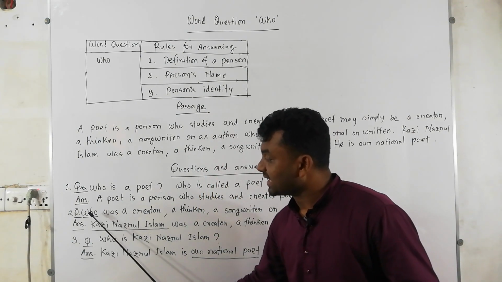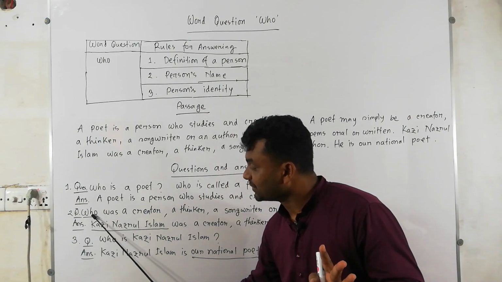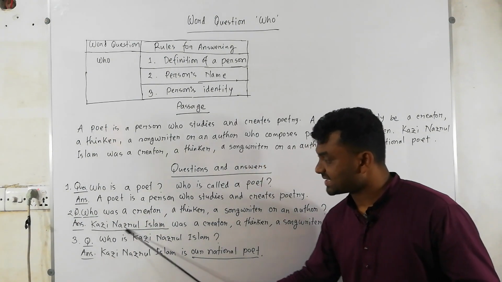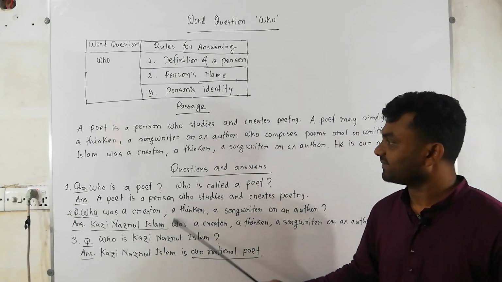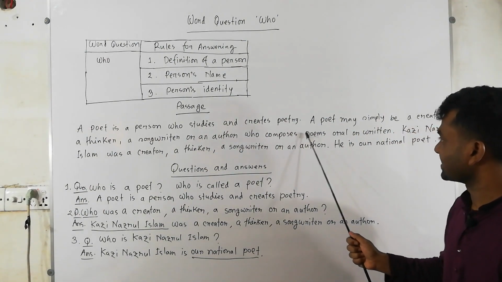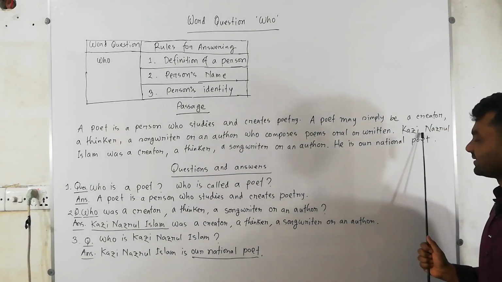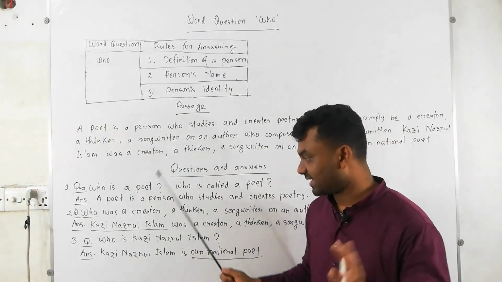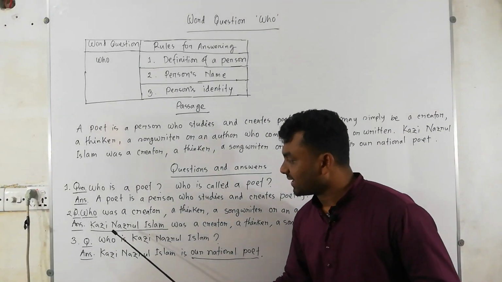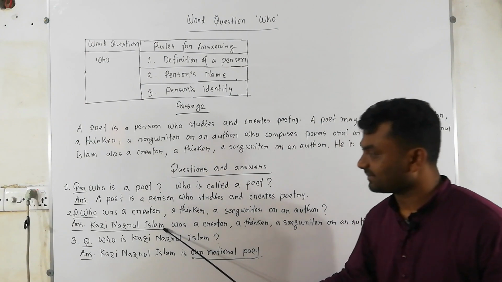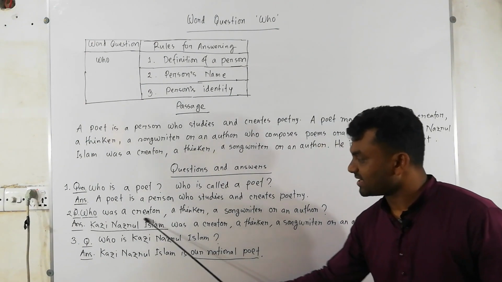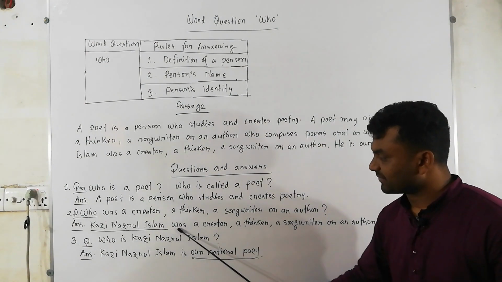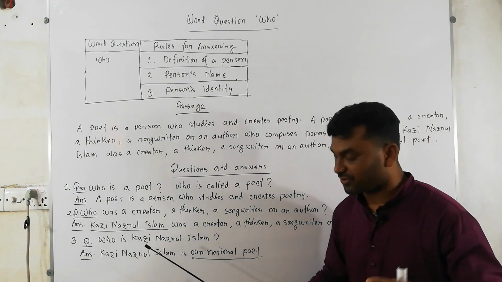That's why instead of who we have to write down Qazi Nazrul Islam, because in the passage it was written Qazi Nazrul Islam was the creator. So instead of who I wrote Qazi Nazrul Islam, and after this the rest I have written. Okay, so it would be the answer.